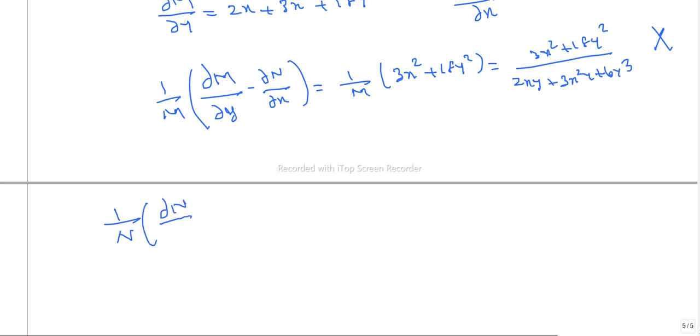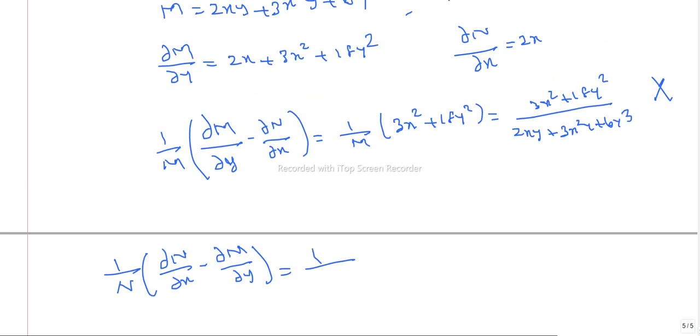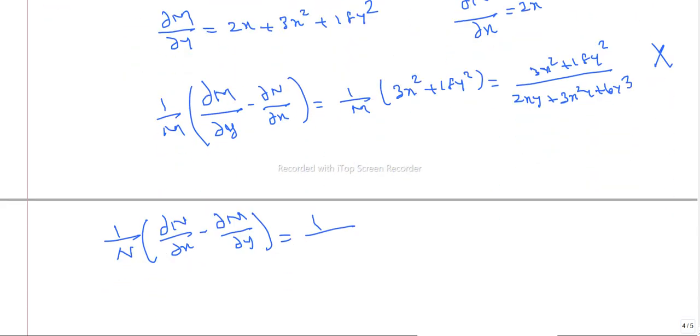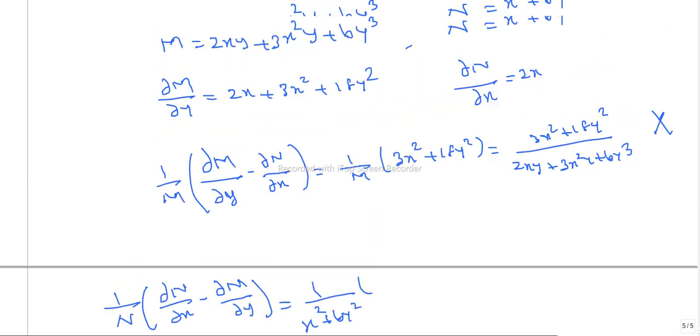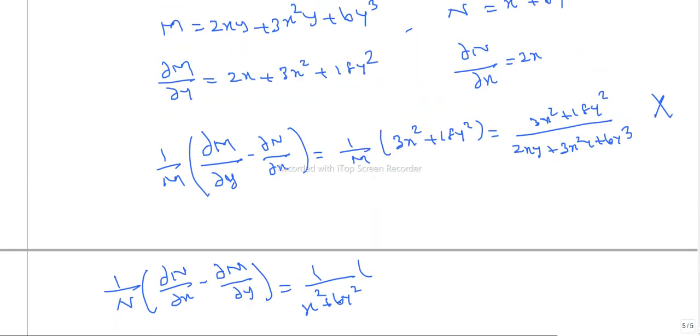(∂N/∂x − ∂M/∂y) times 1/N, where N is x² + 6y². The subtraction is minus of 3x² + 18y², because the 2x cancels.